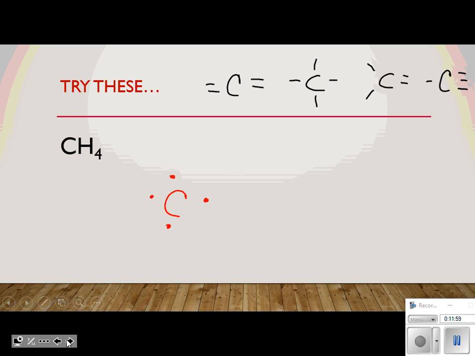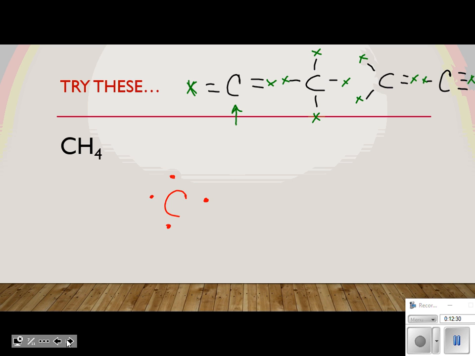Now, in this instance, I have to decide how I'm going to bond carbon. And I look. If I'm using this carbon right here, I would probably have something here and something here. So I would have 2 other things. This carbon, I would have 4 other things. This one, I would have 3.